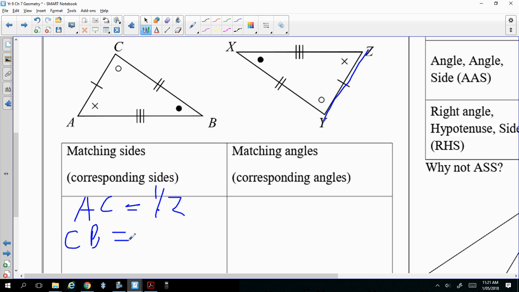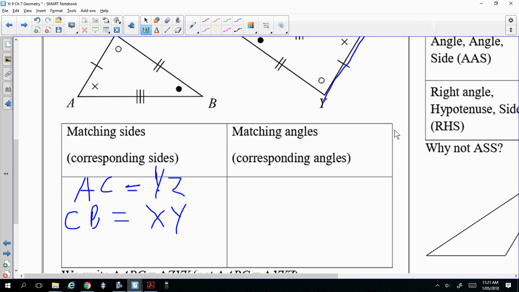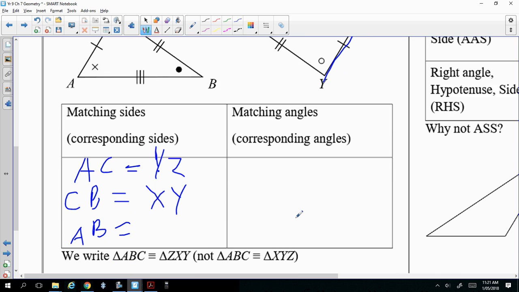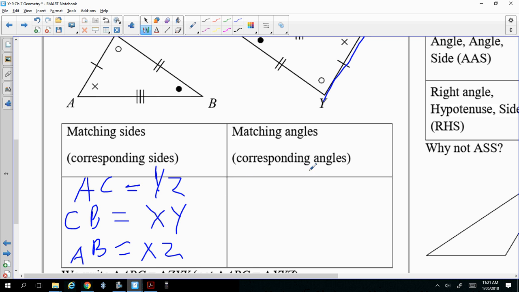Yep, XY. And we've got one more. Which side matches with AB? XZ. Well done. Okay, these are the matching sides. So there are 3 matching sides in a congruent triangle.